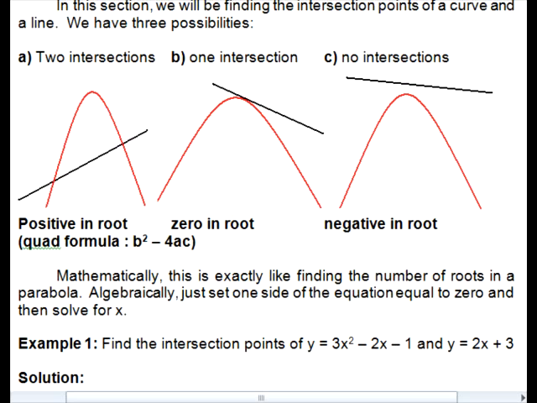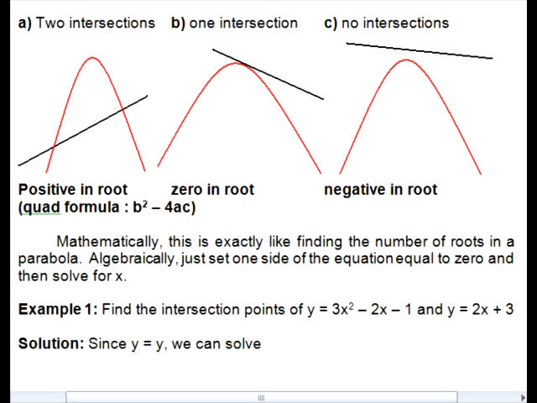We're going to treat this just like this was in substitution from grade 10. If you remember how substitution worked, you would set the equations equal to each other and solve. So since y is equal to y, we can solve. I'm just going to set here 3x squared minus 2x minus 1 equal to 2x plus 3.